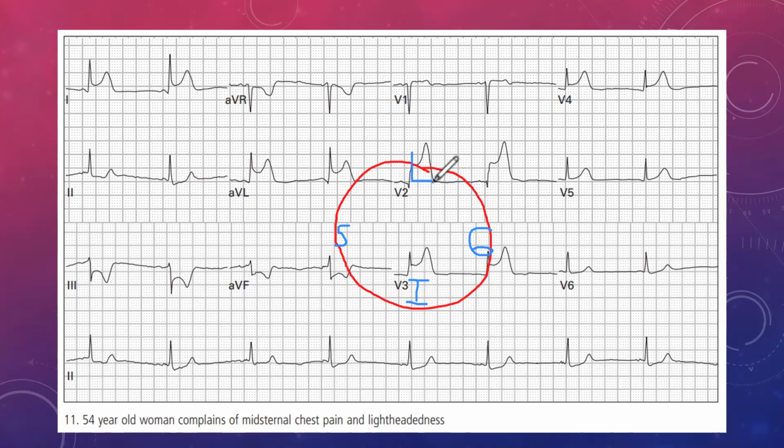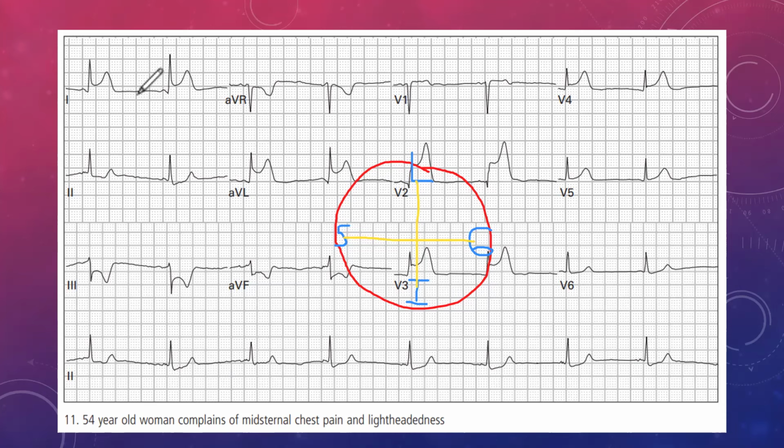And we have lead AVL like that. So what we are getting is this crisscross pattern. So these 4 basically form this cross along the lateral side. So they are all looking at the same side, just from slightly different points of view. I hope that makes sense.